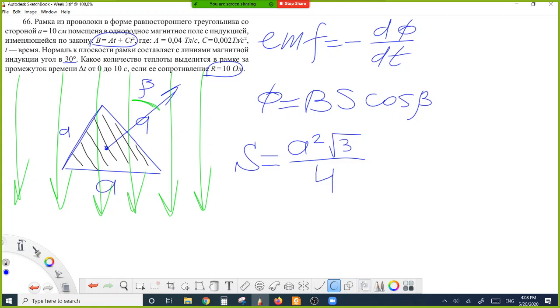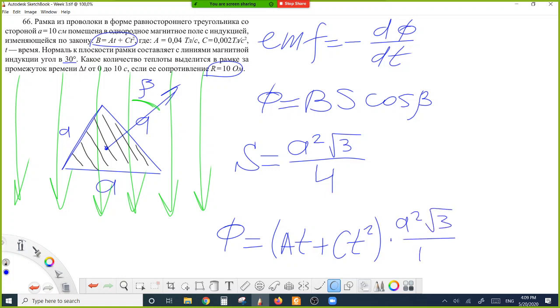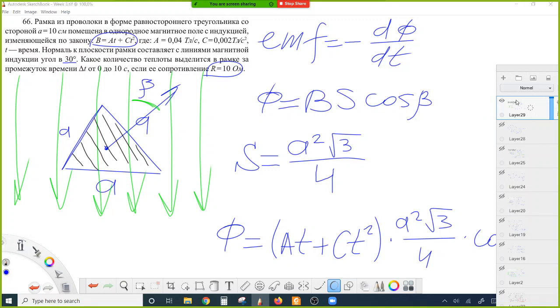And if we put it to the expression of flux, we'll get for B we put AT plus CT squared multiplied. For S we put a square root of 3 over 4 multiplied. For cosine beta we put cosine 30 degrees. And from this we find the expression for electric motive force.